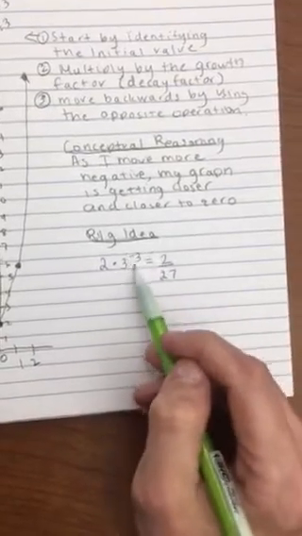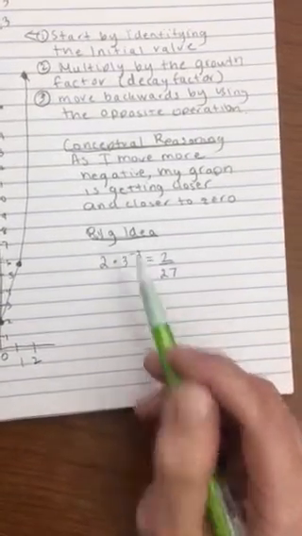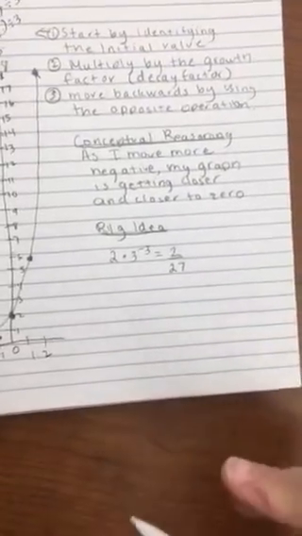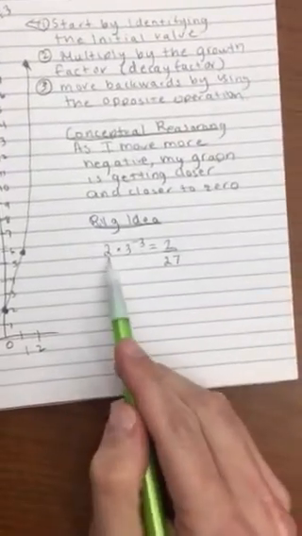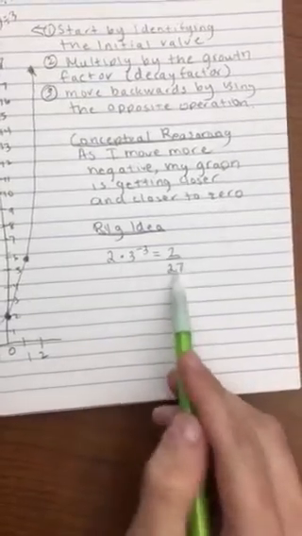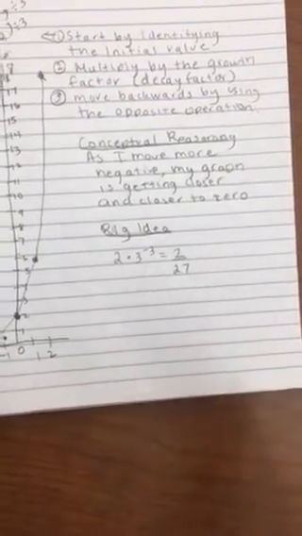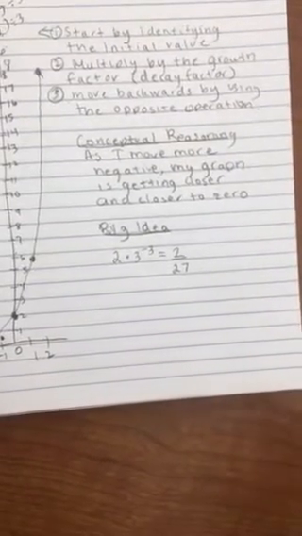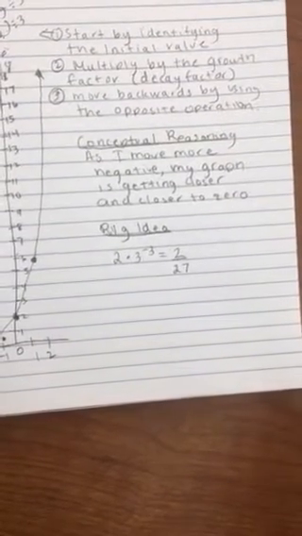Think about what a negative does. I would like to encourage you to pause here and have a conversation with somebody sitting next to you about why this works. I want you to think about it for yourself. I'm going to explain it on this video, but take a moment and see if you can figure it out by yourself.